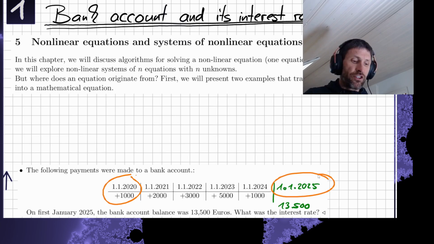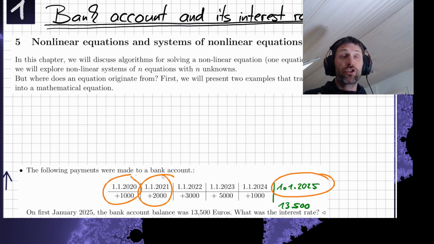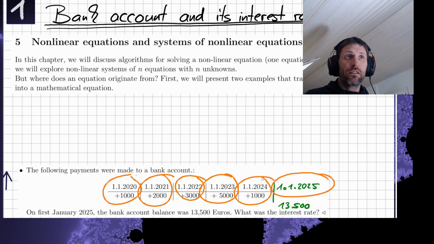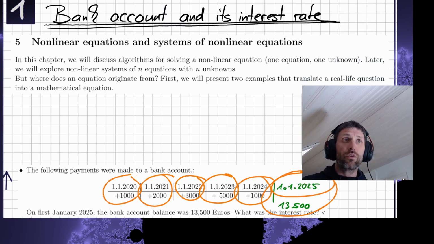But 1 year later, we will bring another 2,000 euro to this bank account. 1 year later, we bring 3,000 euro, and then 5,000, and then 1,000, and then we will check our bank account, and on 1st of January 2025, we have 13,500 euro on this bank account.